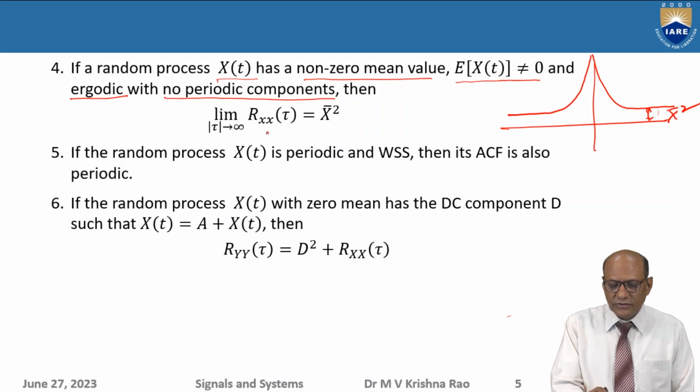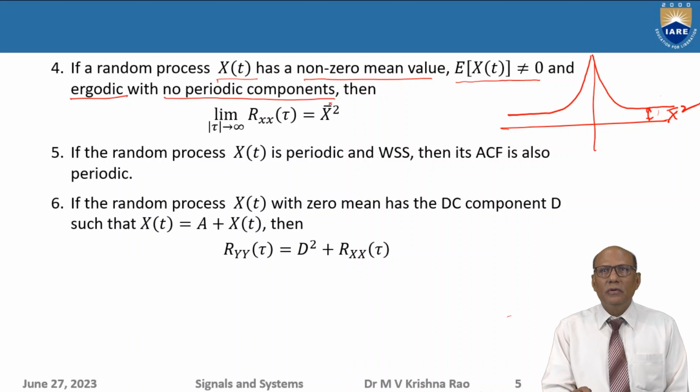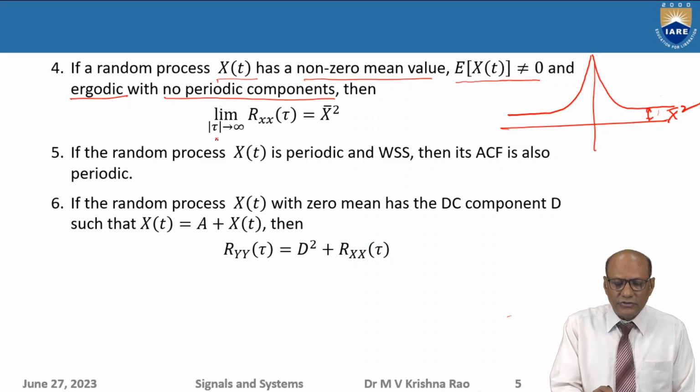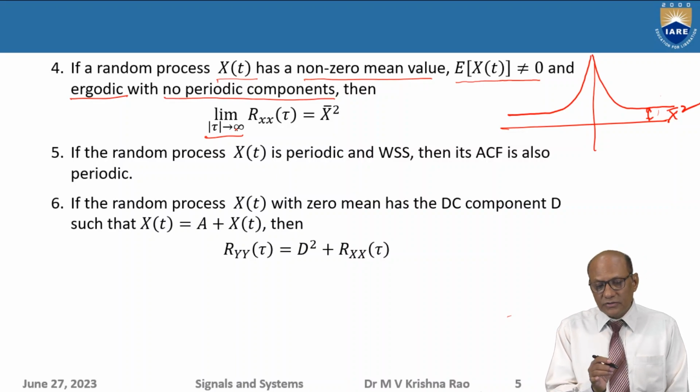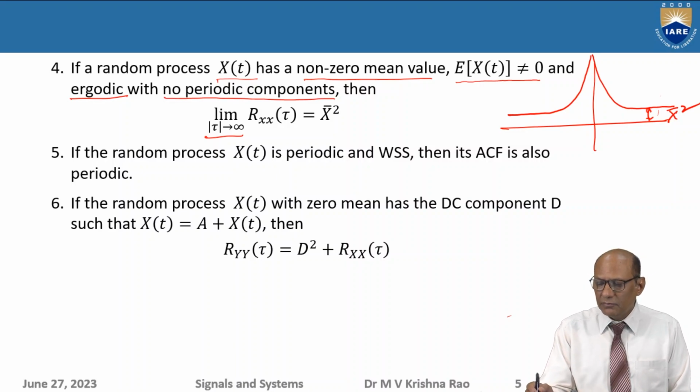So as tau tends to infinity, it is modulus of tau. That means both sides, minus infinity to plus infinity.